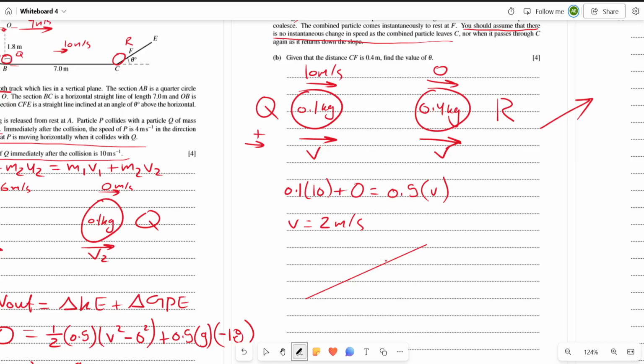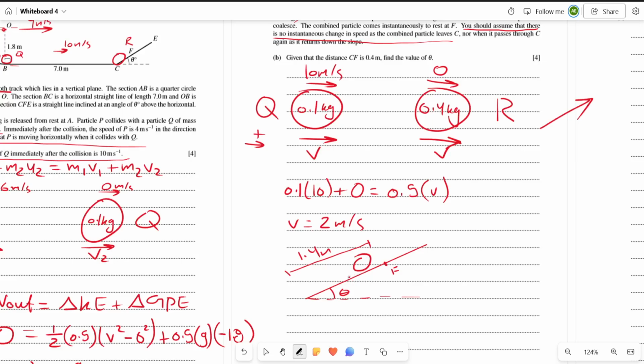Okay, we know that point F is over here. The particle is going to reach this point F. We know that this is theta. We know that point F is 1.4 meters from C. And we know that the particle is going to be moving up the slope over here.